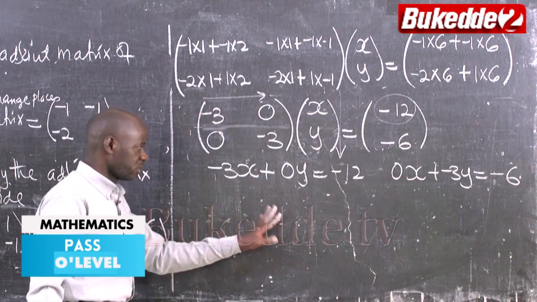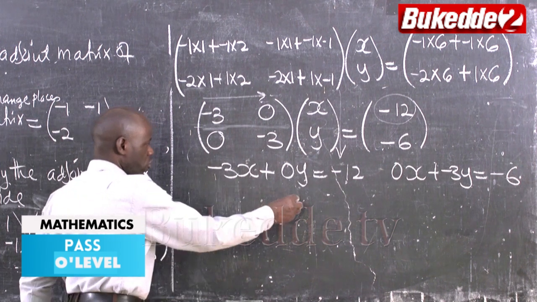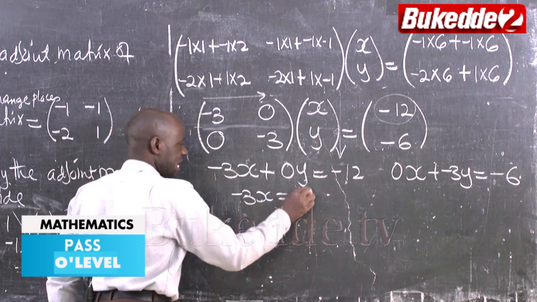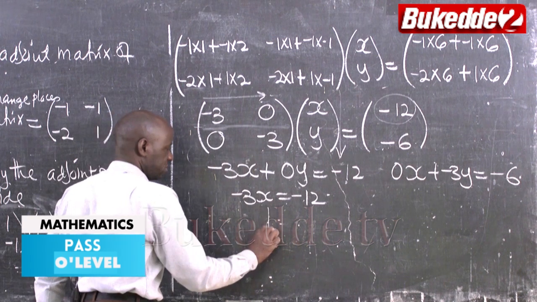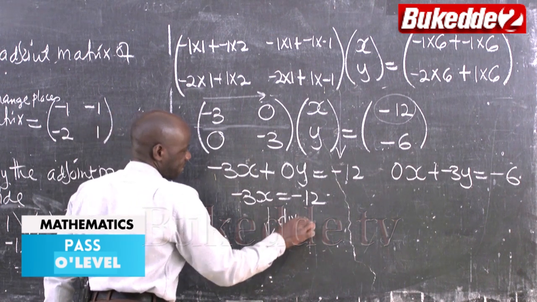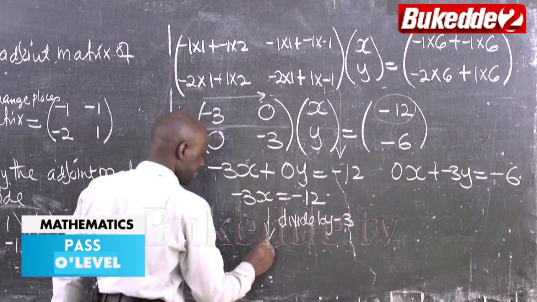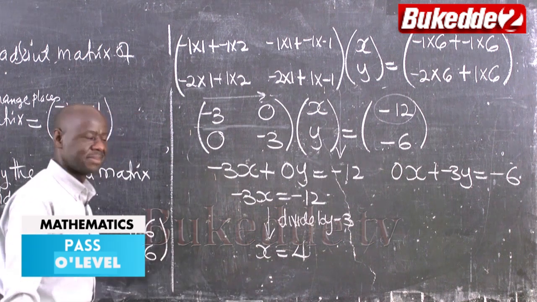Now we have these two equations. This one, we are going to drop the y and we have negative 3x is equal to negative 12. So what we do here, we are going to divide through by negative 3, and this is going to give us x as 4.